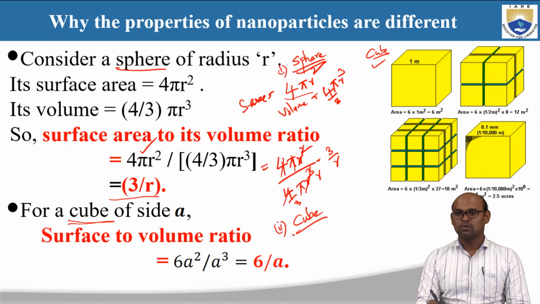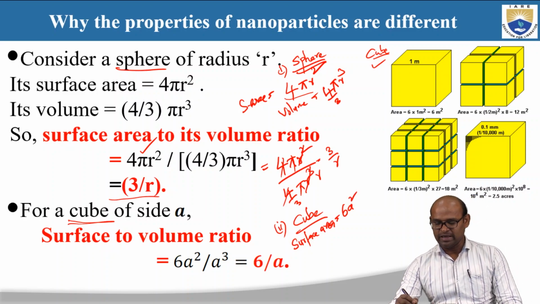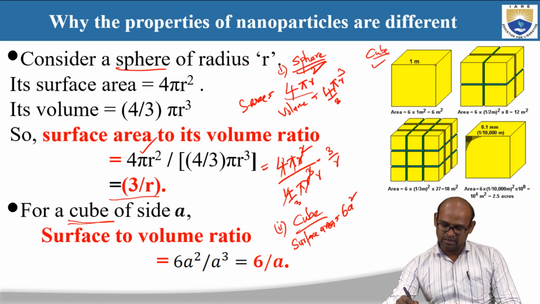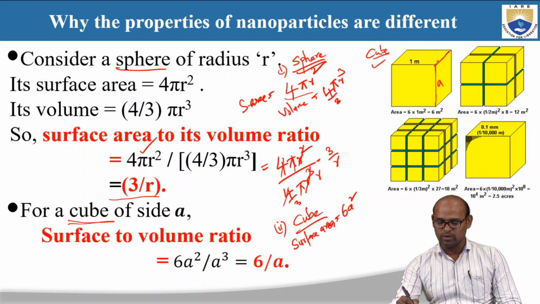For a cube, what is the surface area? The surface area of a cube is 6a square. Why is it 6a square? If the length of any one side is a, it's a cube, so all sides are equal in length.